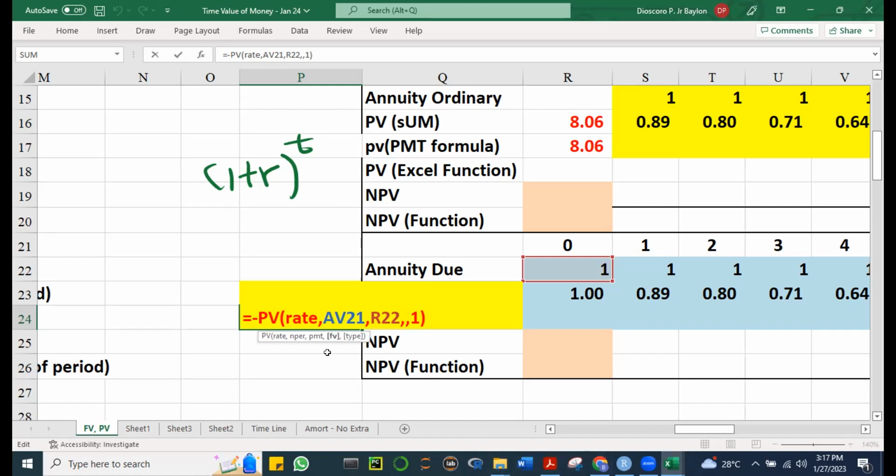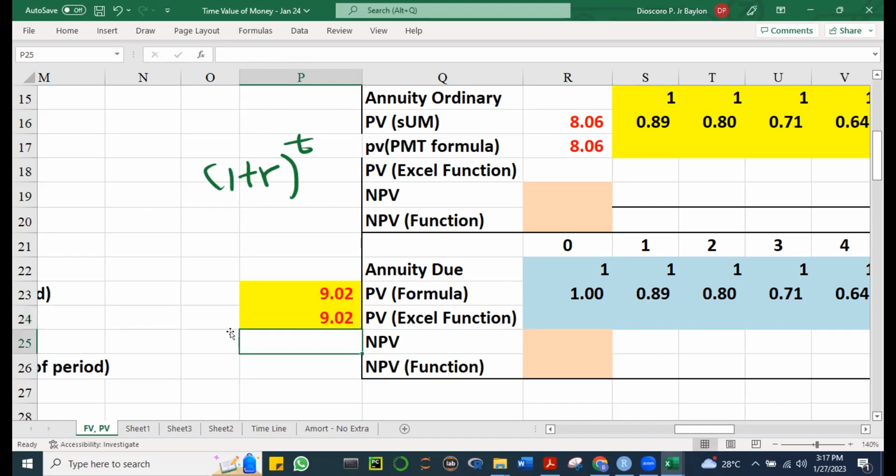No future value, no other cash flow except the annuity. And this one is crucial, because if you don't put anything here, it will be just like annuity ordinary, so you'll get the same answer as 8.06. But this is annuity due, so the type should be 1, which means at the beginning of the period. If we perform this, we get 9.02, exactly the same.